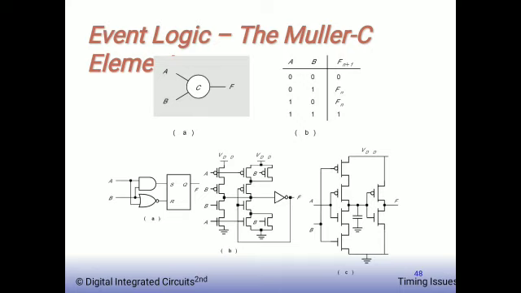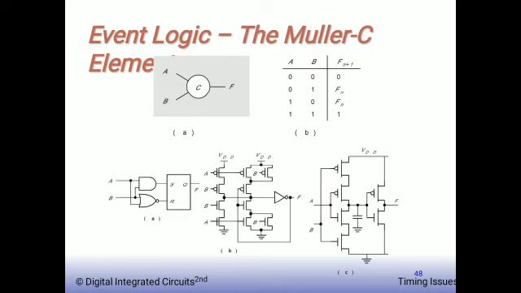An essential component of virtually any handshaking module is the Muller C element. This gate, whose schematic symbol and truth table are given in the figure in this slide, performs an AND operation on events. The output of the C element is a copy of its input when both inputs are identical.